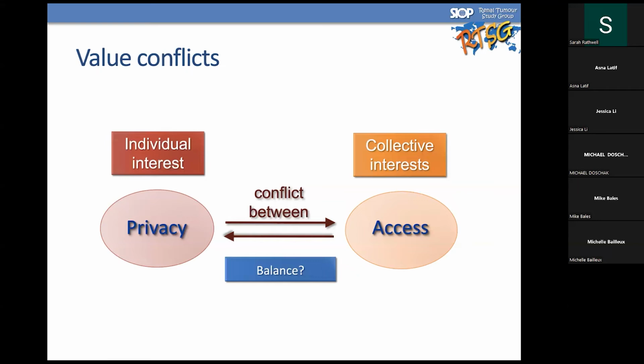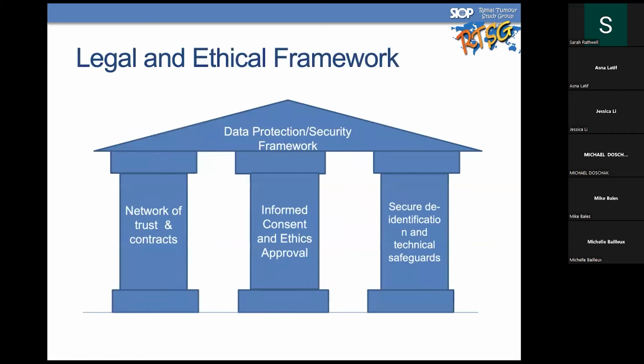In several European projects I was in, this was a question that always hindered us in receiving data from other places. And we set up a legal and ethical framework, also showing to the European Commission that this data protection security framework will make data a kind of anonymous.